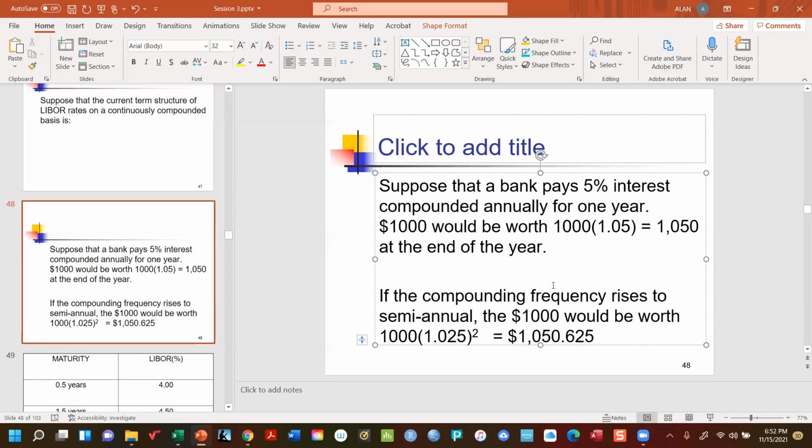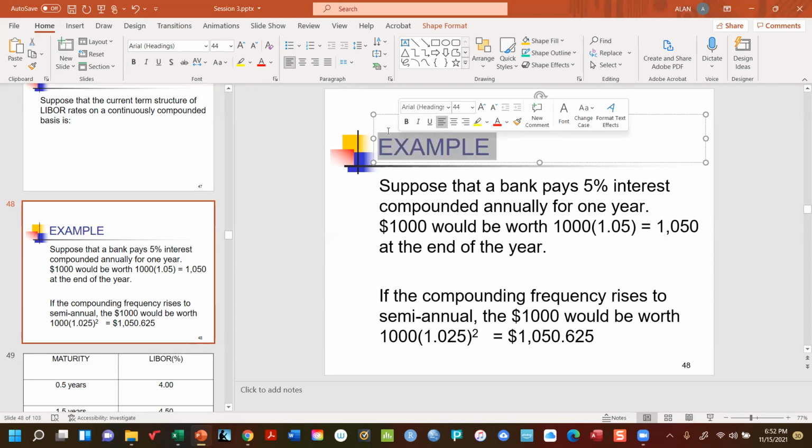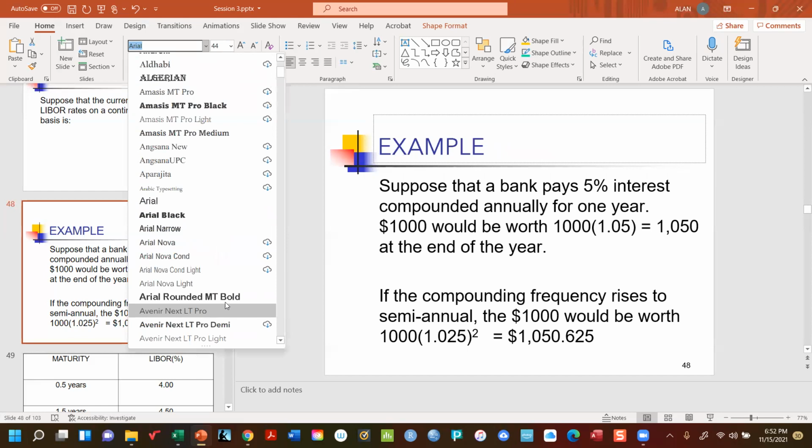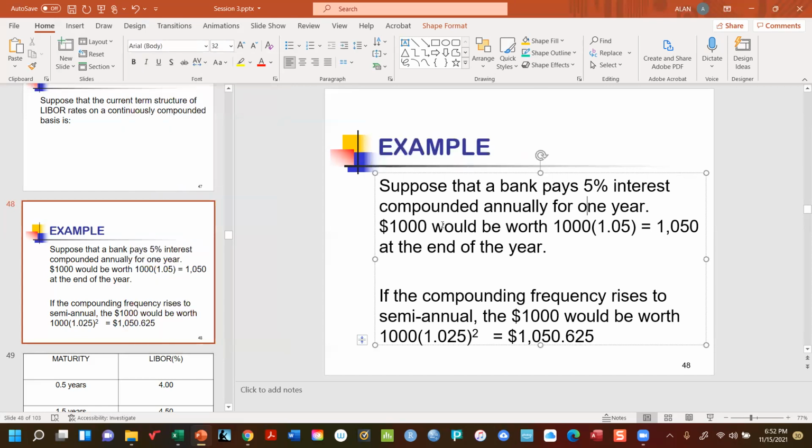Now, what happened there is that the increased compounding frequency causes us to earn interest on our interest during the year. It's not a lot, but it's enough to increase the value of our deposit at the end of the year.